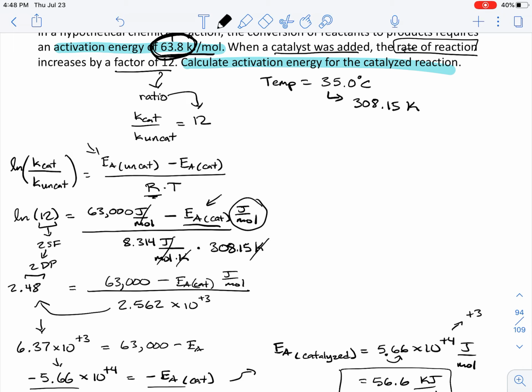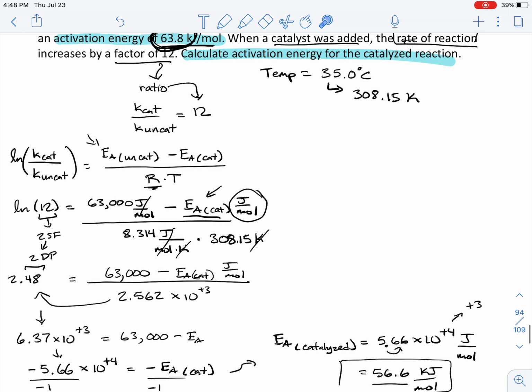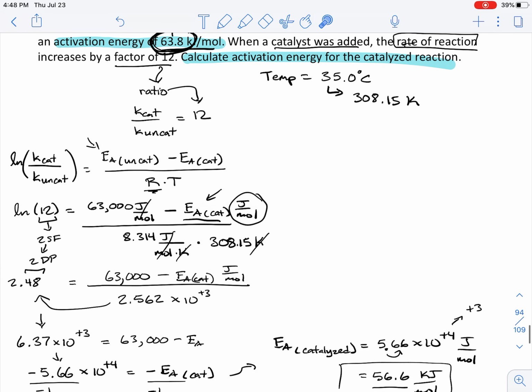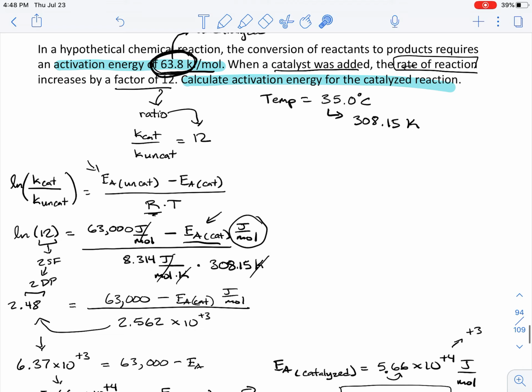And overall, that decrease is going to give us an increase in the rate of the reaction by a factor of 12. So that's a lot. By decreasing the activation energy by approximately 6 or 7 kilojoules, we get an increase of the rate of reaction by a factor of 12. So that's a lot.